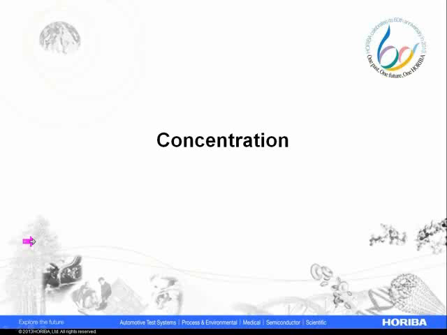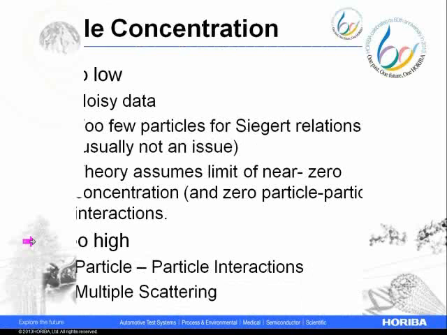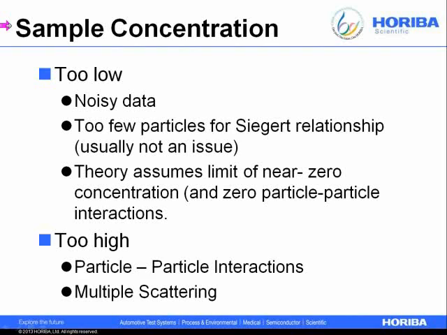Okay, concentration. Now, dynamic light scattering is very forgiving in terms of the concentration of nanoparticles that you use for measurement. But there are limits. So first, if the particle concentration is too low, your data will be noisy.